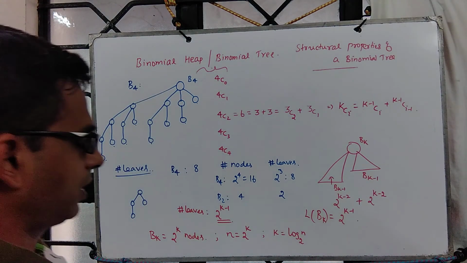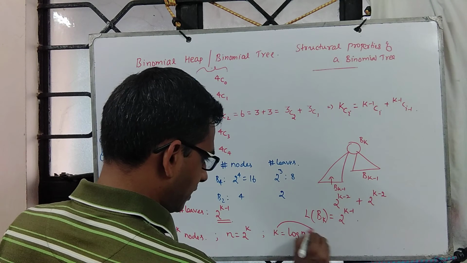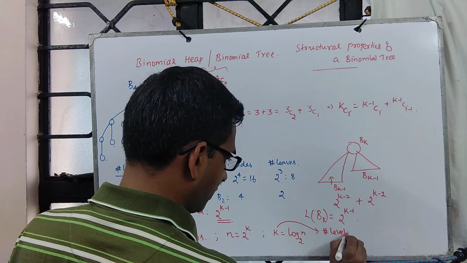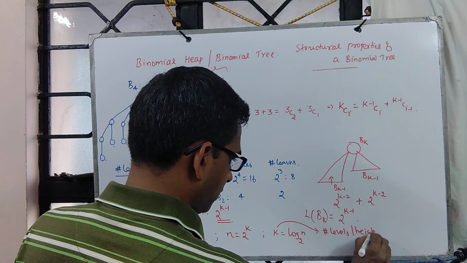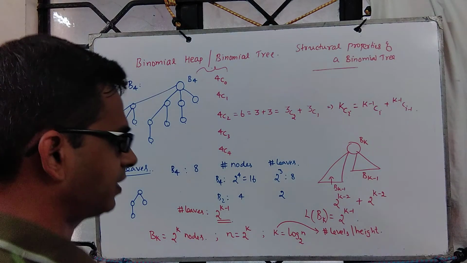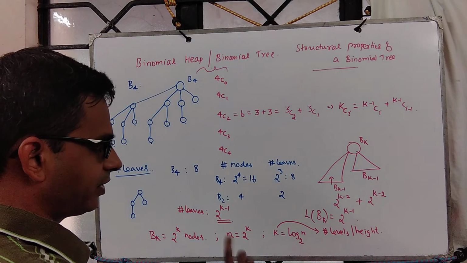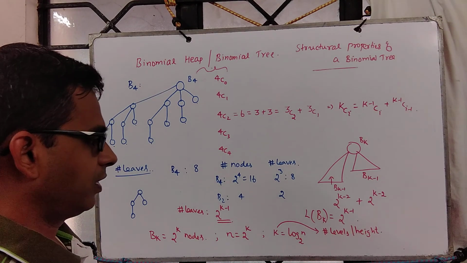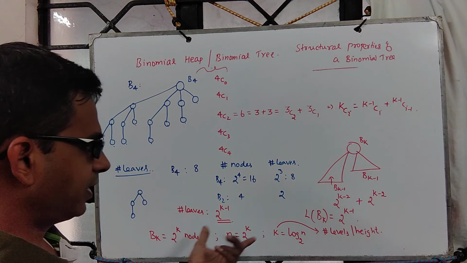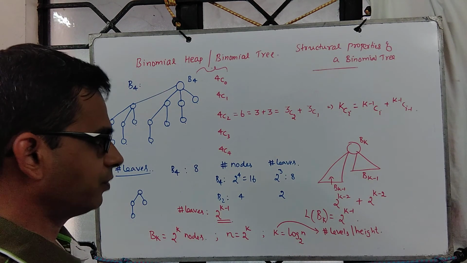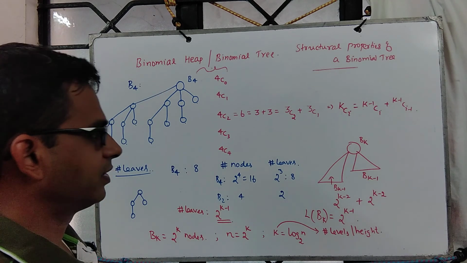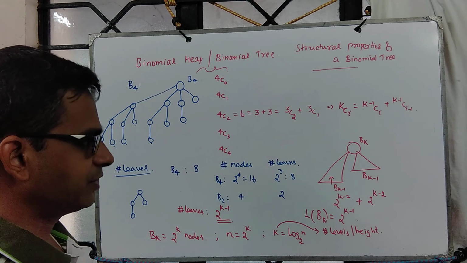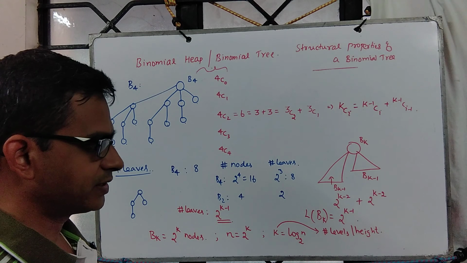Correct? So what is k? k is our number of levels or height. So we see that number of nodes and the height are related by a logarithmic function in n. And this also tells you that it has got a relation to the binary representation of the decimal number n. We will see how these two are related, and subsequently we will look at how to construct a binomial heap.